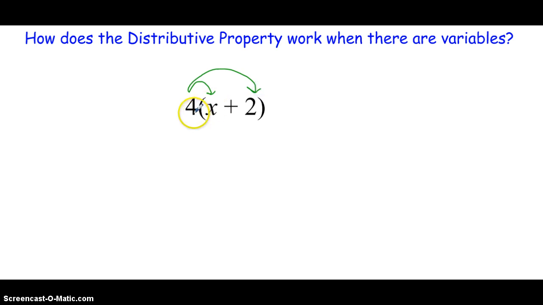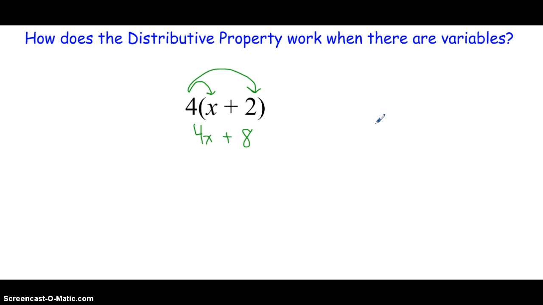Now, if I have 4 times x, I can write that as 4x. I can multiply 4 times 2, and that gives me 8. I copy down my addition symbol. Here's where this is a little bit different than the problems we've done in the previous examples. You might remember that when we first started looking at algebra, we said sometimes you can't solve the problem.